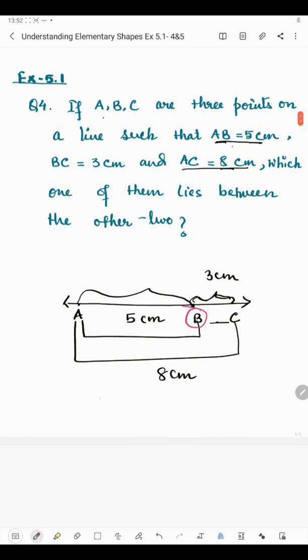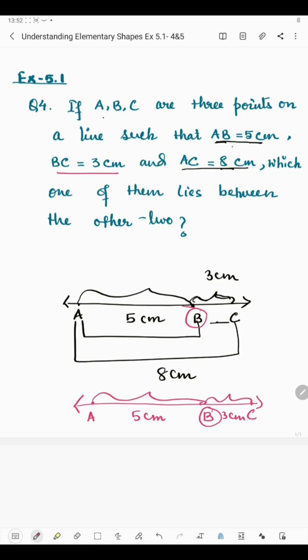Now if you draw the line first and then draw AB of length 5 centimeter, suppose this is A and this is point B, of length 5 centimeter, and BC of length 3 centimeter, suppose here is point C and this is of length 3 centimeter, here also B lies in between A and C. So which one of them lies between the other two? We'll write the answer: B lies between the other two.